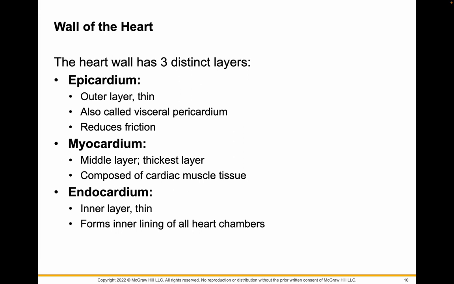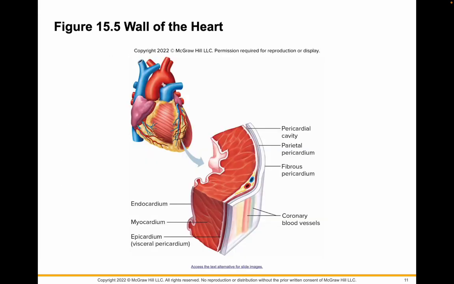The wall of the heart is made of that visceral pericardium, which we said is also called the epicardium, and the myocardium. Myo means middle or muscle, and then endo means inside. So we have the outside, the middle, and the very inside lining. Let's look at that. We have this endocardium membrane. It's epithelium.